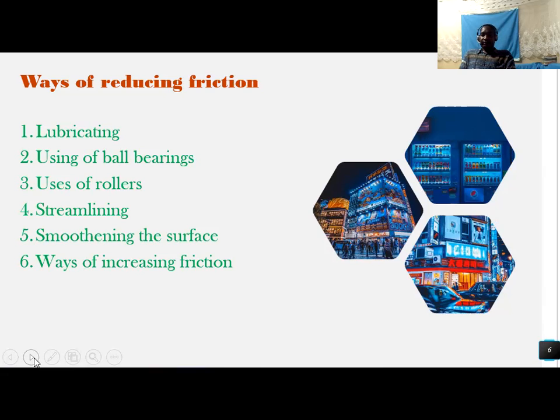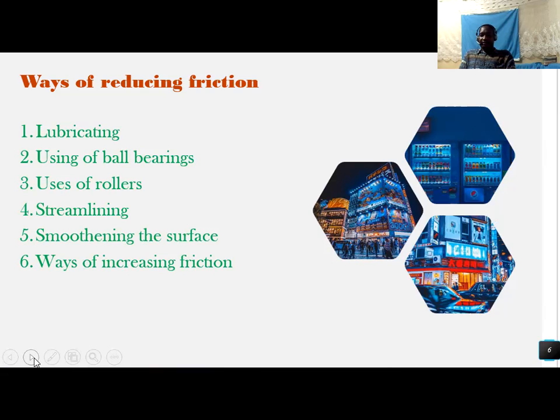Streamlining. Streamlining, pupils, is the process of giving an object a specific shape, which makes it move easily through a liquid or a gas. It reduces friction between the object and the liquid or gas through which the object moves.